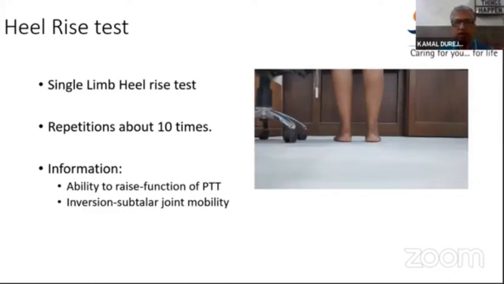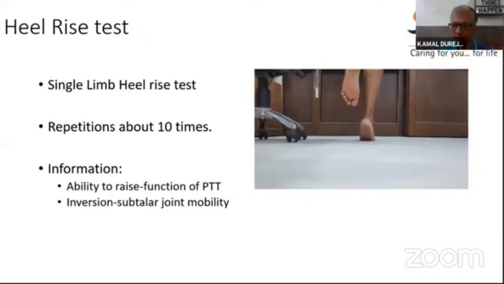So here again, one foot is lifted, and then the patient lifts the heel of the other foot, and again repeats it. This is a more definitive test for checking the function of the posterior tibial tendon, and a very important test to diagnose posterior tibial tendon disease.